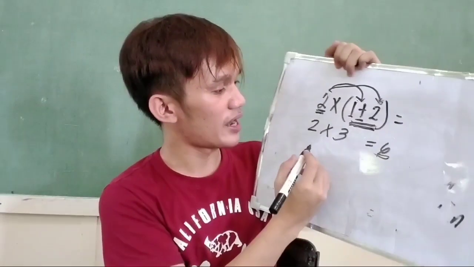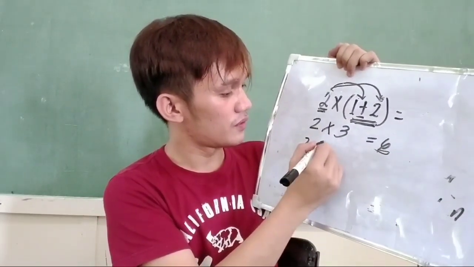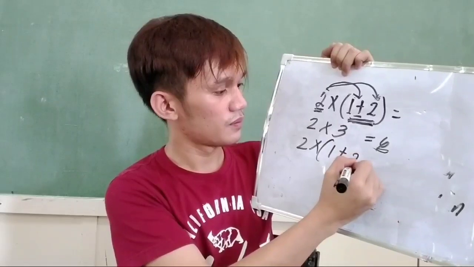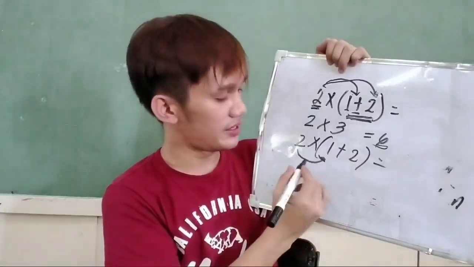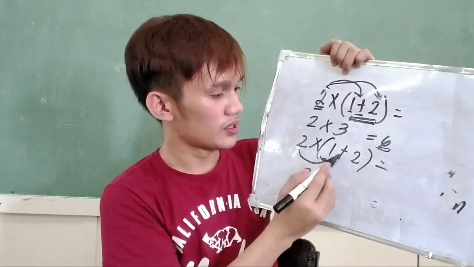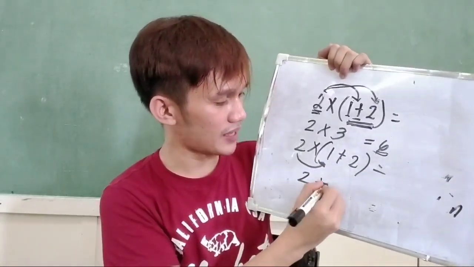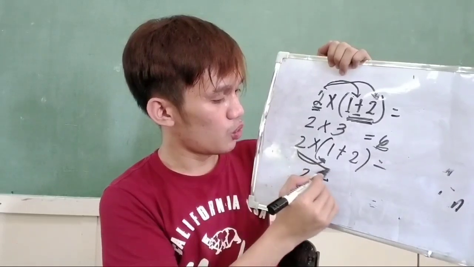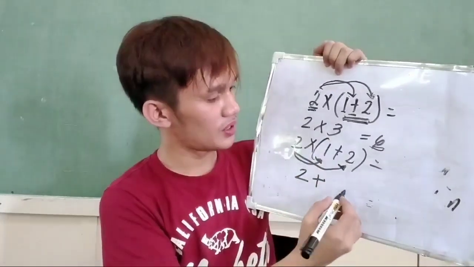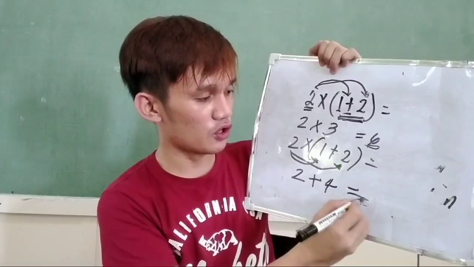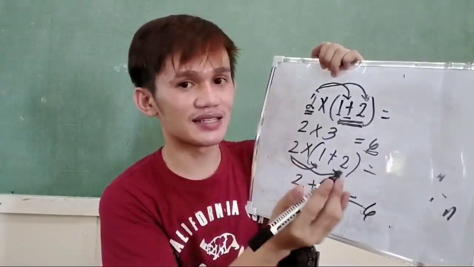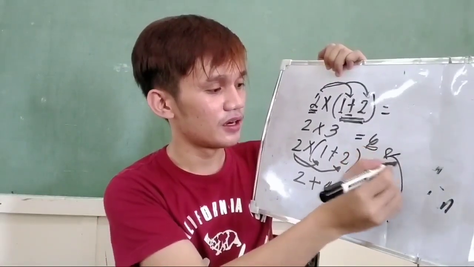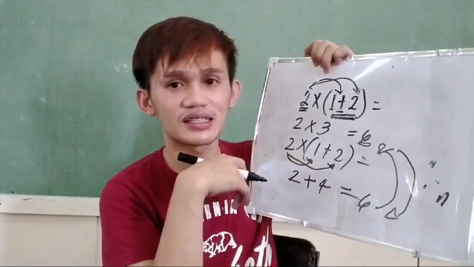So let us try. 2 times 1 is 2. Since this is addition, this will be plus. 2 times 2 is definitely 4. And 2 plus 4 is 6. And it gives us the same result, which is 6.